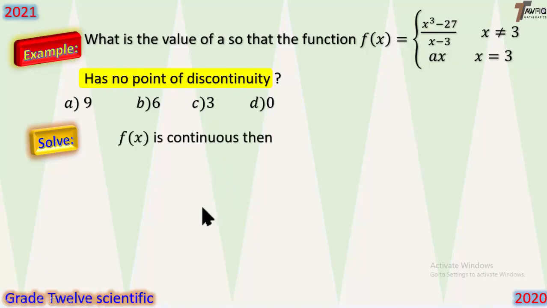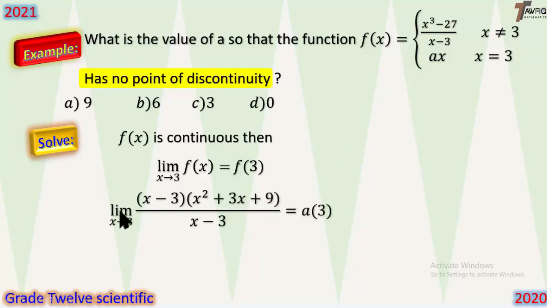Because the function is continuous, that means f(x) is defined and the limit exists and their values are equal. We can use the third condition, which is the limit as x approaches 3 of f(x) equals f of 3. Every time you see the inequality, you use this one.